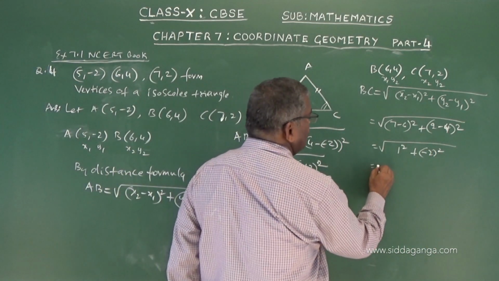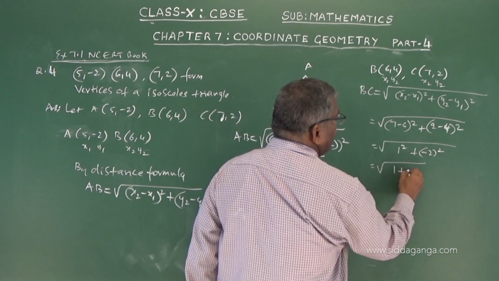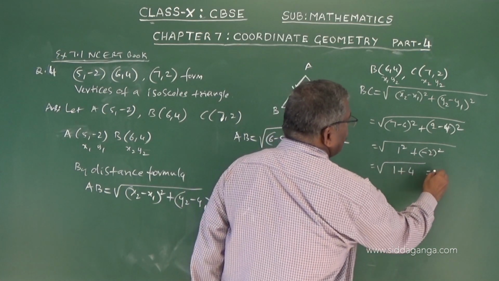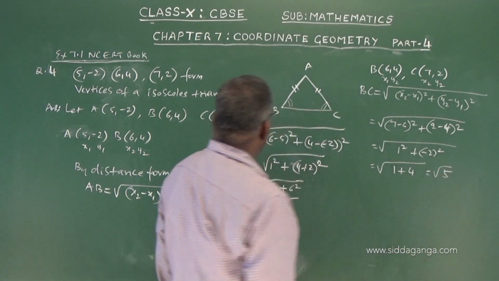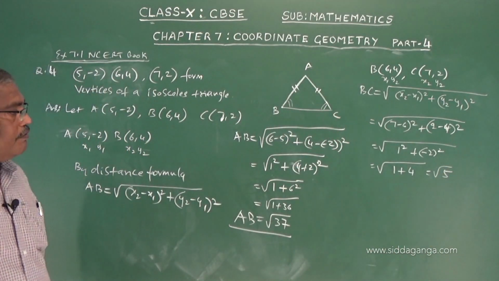So you will get square root of 1 plus 2 square is 4, square root of 5.